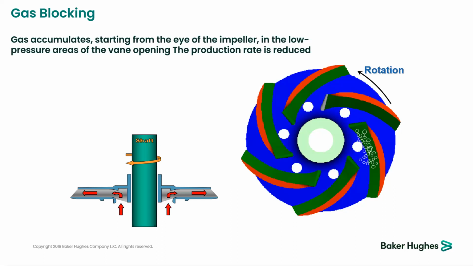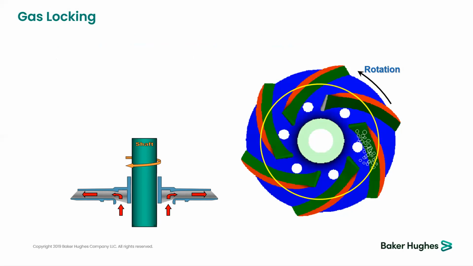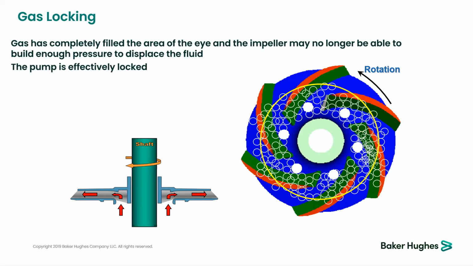So what will be the solution, and what happens next if free gas starts to accumulate in the impeller? If you keep letting the gas accumulate, it will completely fill the area of the impeller until gas locking occurs.